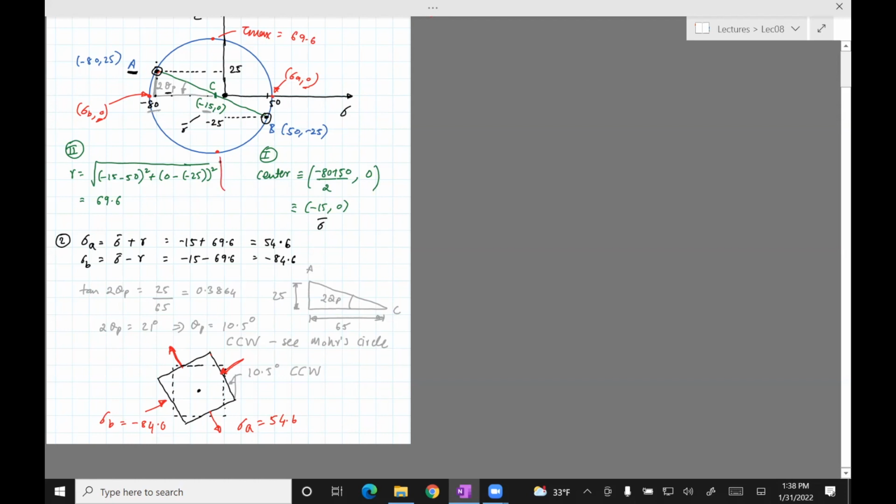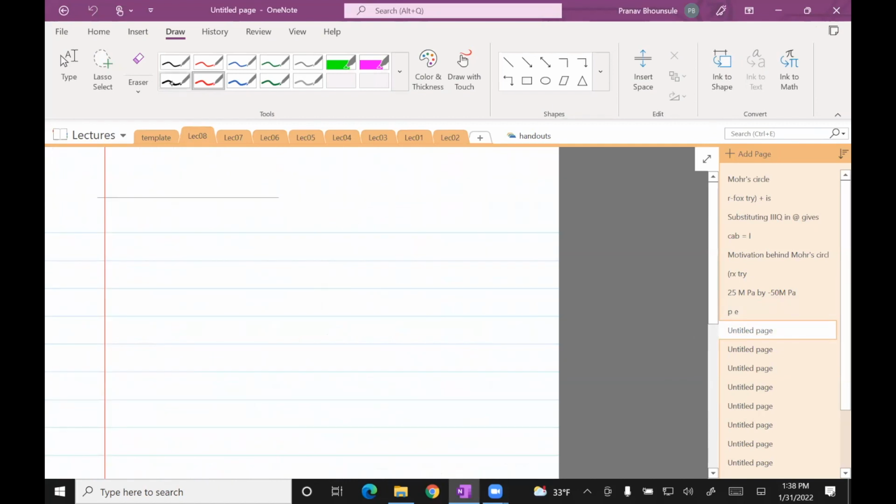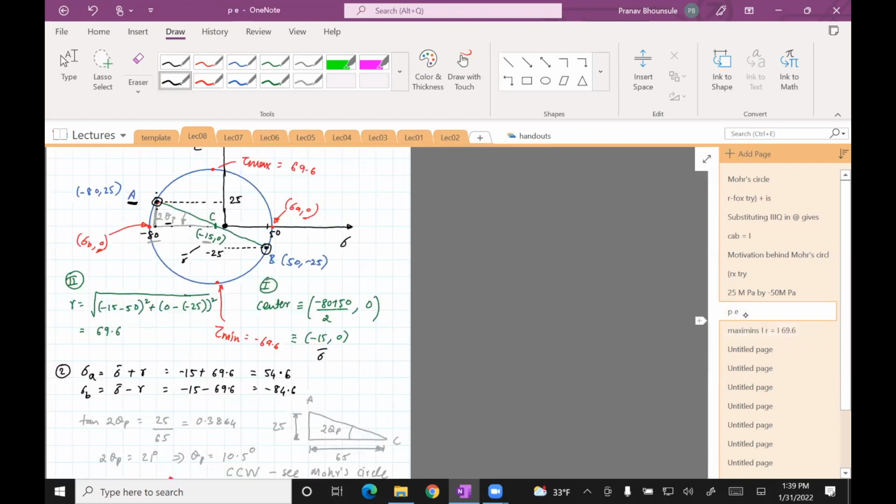And this point is tau min, which is minus 69.6. Just let me write that down on the next page. Tau max/min equals plus or minus R, which is plus or minus 69.6. Okay, that was the easy part.